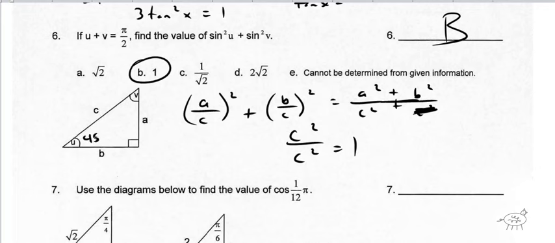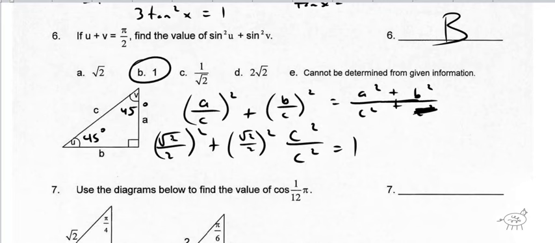I could have put 45 degrees here and found the sine of that, which is root 2 over 2, squared, plus sine of that. So that's 2/4 plus 2/4, which is 1.